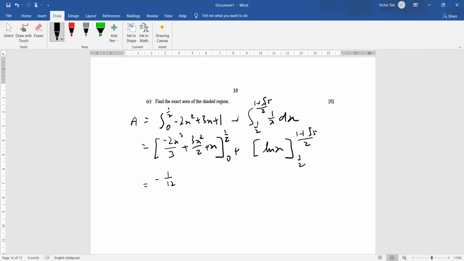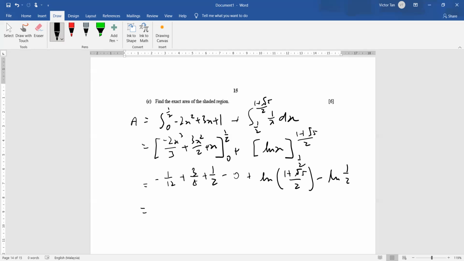Half squared is 1 over 4 times 3 over 2 is 3 over 8. Plus half minus 0, plus ln of 1 plus root 5 over 2 minus ln half. Okay.